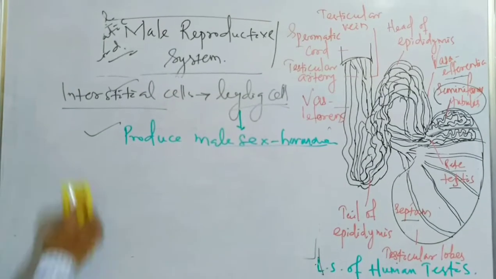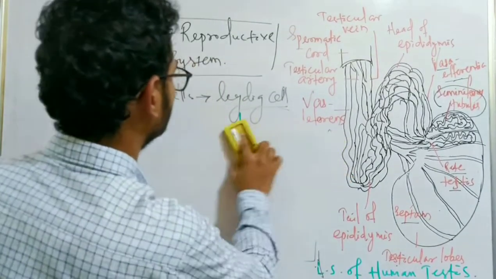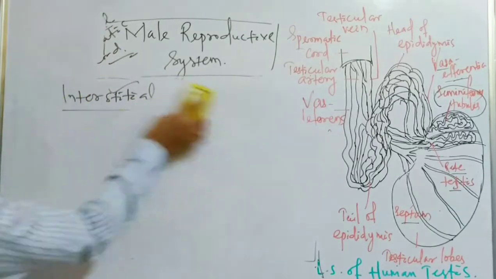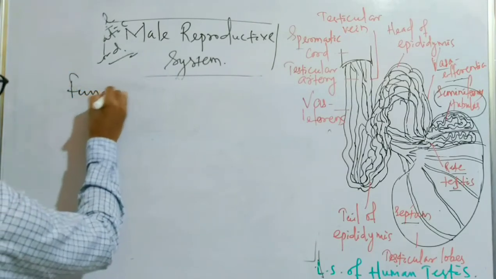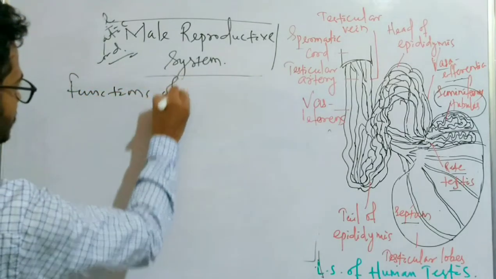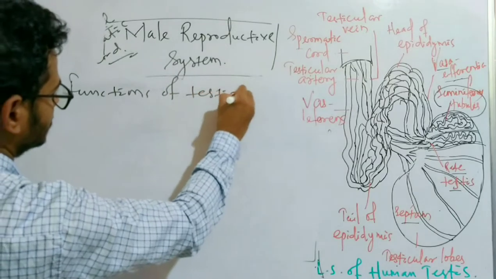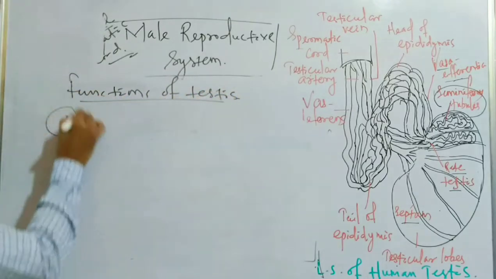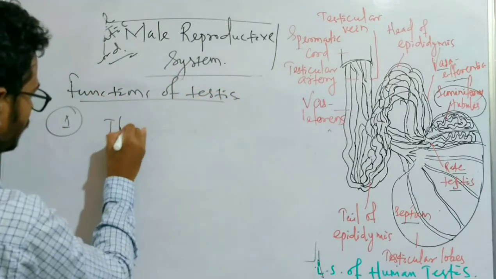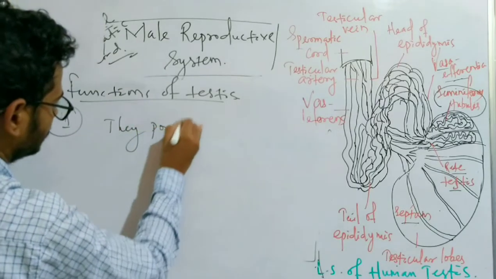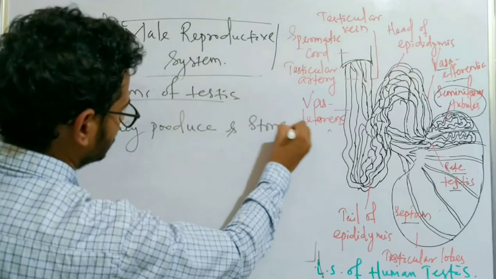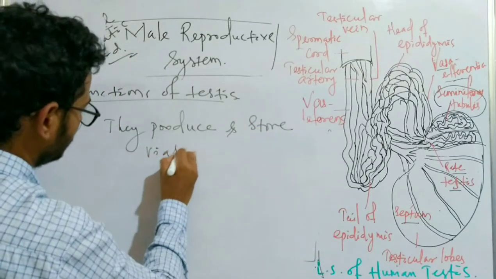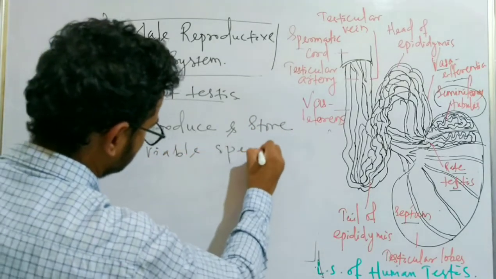Next, let's go for the functions of the testis. So what are the important functions of the testis? Function of testis. The most important one, the first one, is they produce and store viable sperms.